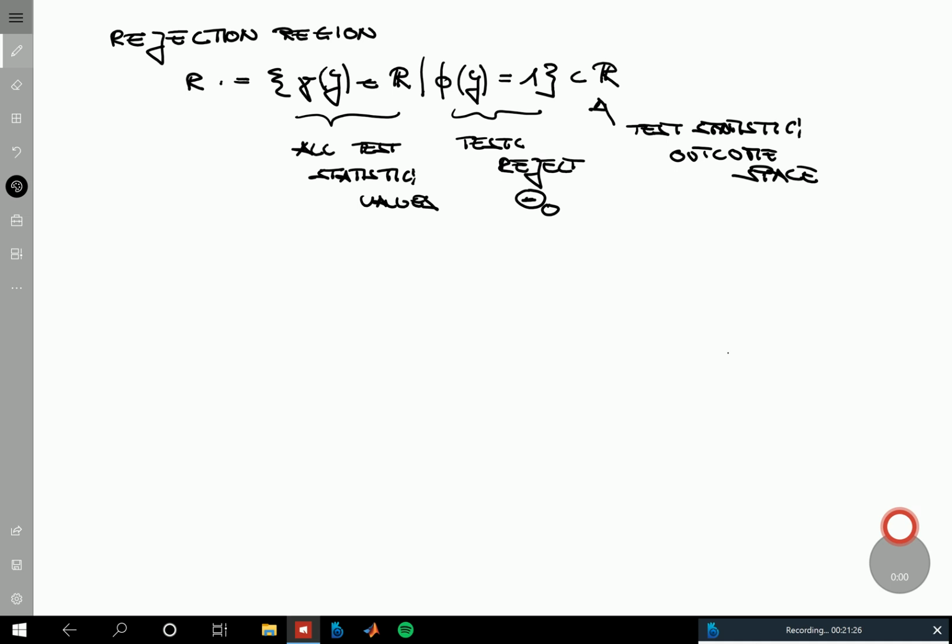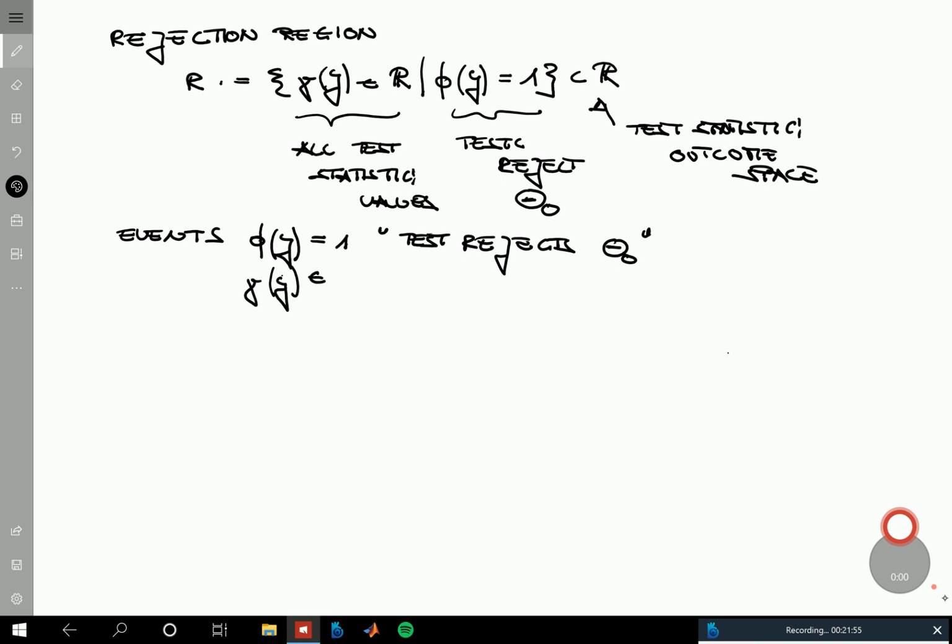That means that essentially, if you think in terms of probabilistic events, the events "the test rejects" and "the test statistic is in the rejection region" are equivalent.